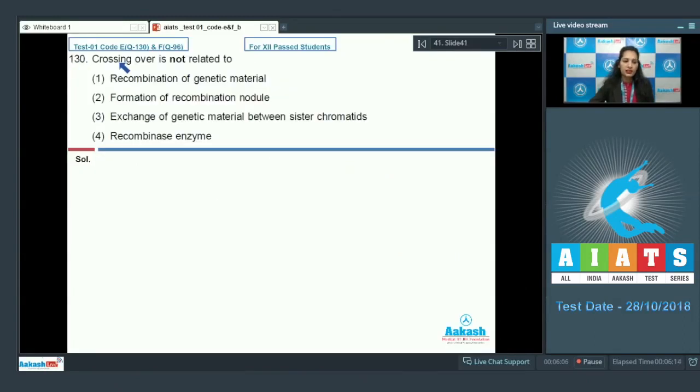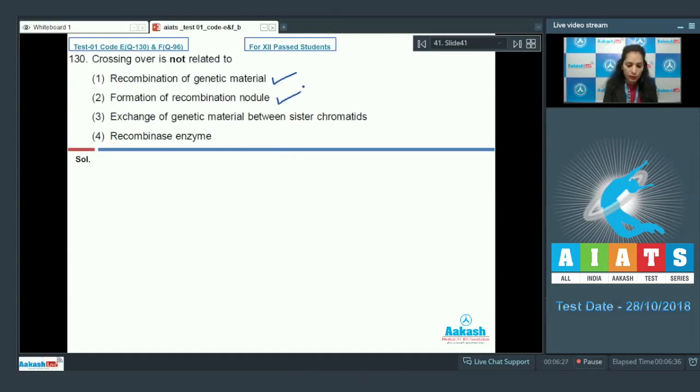Question number 130. Crossing over is not related to. Crossing over takes place in the pachytene stage of prophase 1 during meiosis. It is related to recombination of genetic material. Crossing over between the non-sister chromatids of homologous chromosomes leads to variations.